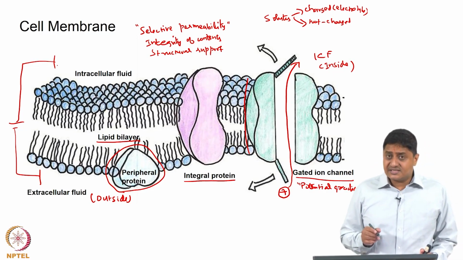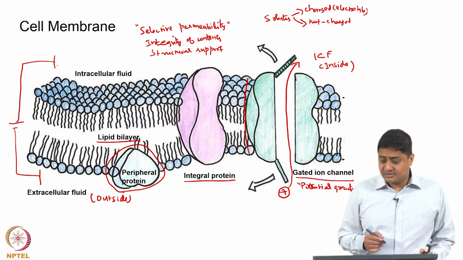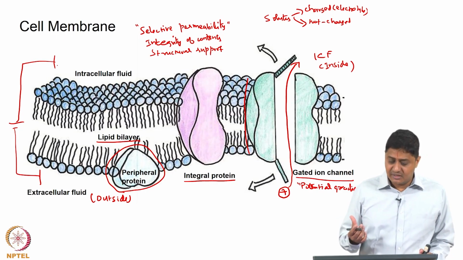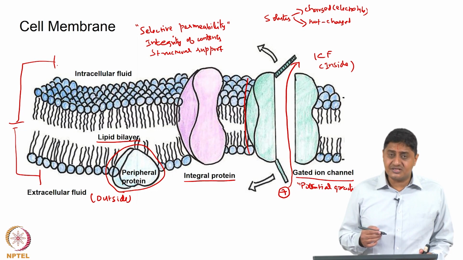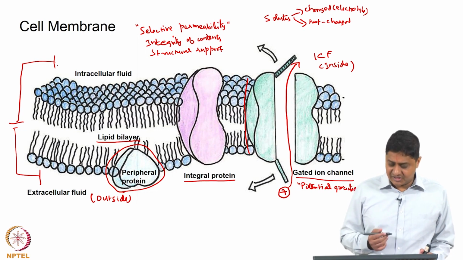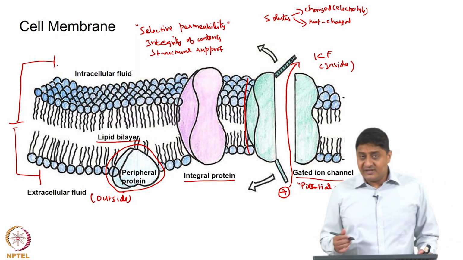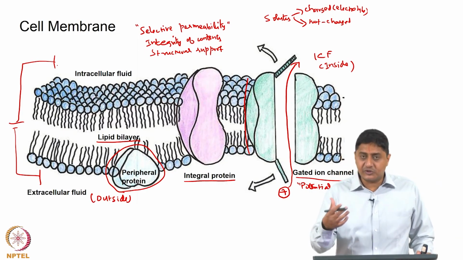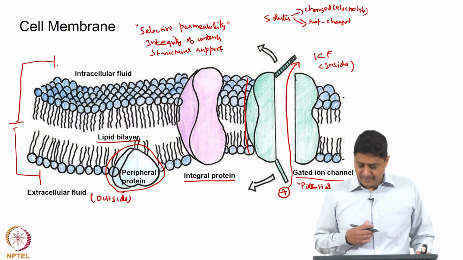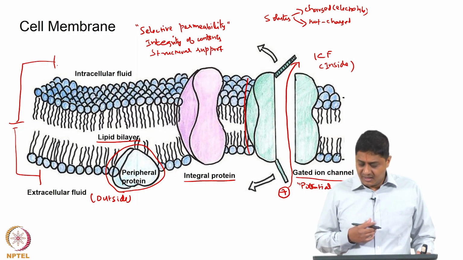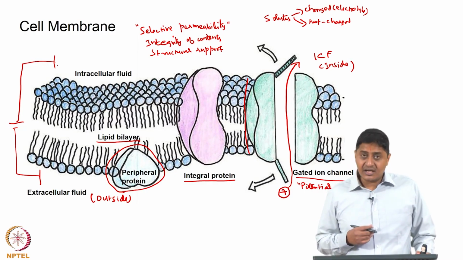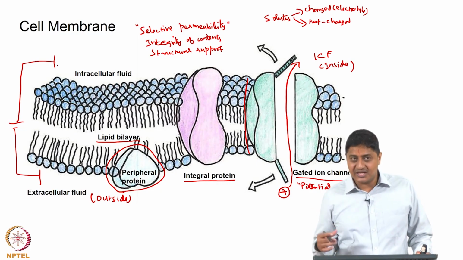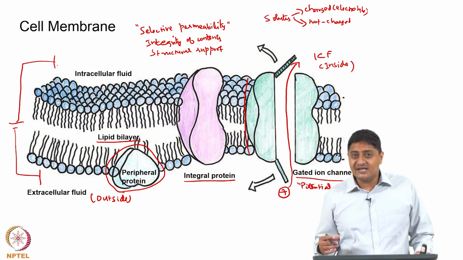In that case, the non-charged particles or the non-electrolytes will not be affected by the potential gradient, but the charged particles will be affected, or in other words, if the inside of the cell is having a higher potential when compared with the outside, then it is difficult for a cation, for a positive charge to move inside from outside, because the inside is already at a higher potential.